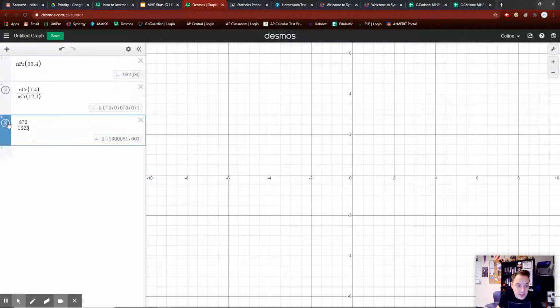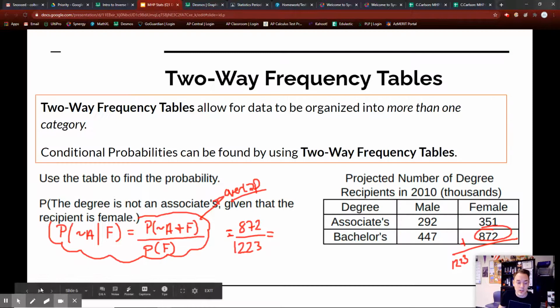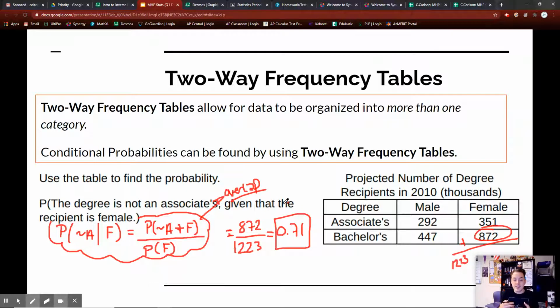And then see if we can simplify it here, and no, we cannot. Okay, we can't simplify, so let's just do the decimal since we're here. 0.71. Okay, let's round it off there. So about 71%, roughly, is the probability the degree is not an associate's given that the recipient is female.